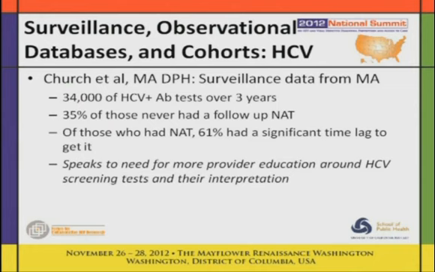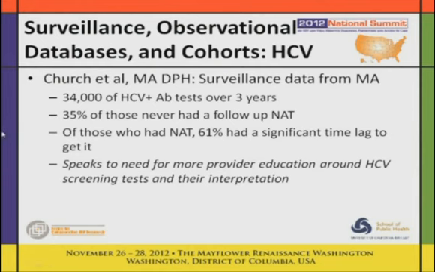So Dan Church from the state of Massachusetts covered their surveillance data, and interestingly, they show that a large number of people have been identified as being HCV antibody positive. In fact, over the period of three years, there were 34,000 individuals who tested positive. But importantly, 35% of them had never had a follow-up nucleic acid test to determine whether or not they had chronic infection. And this is a theme that we've seen when people do look at HCV antibody testing.